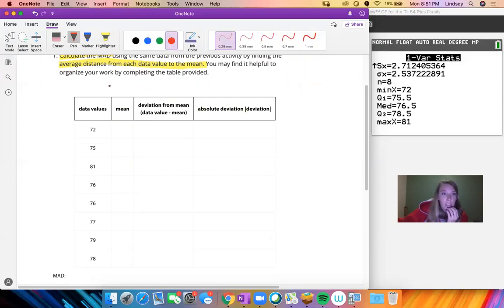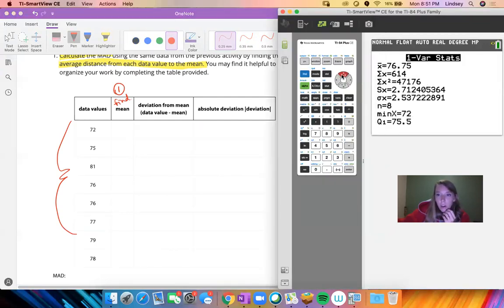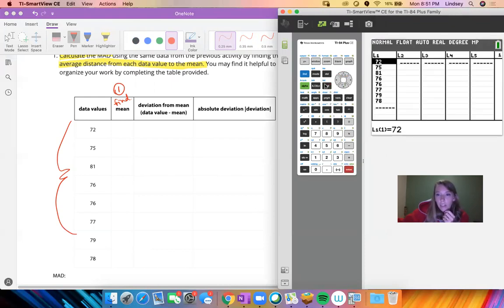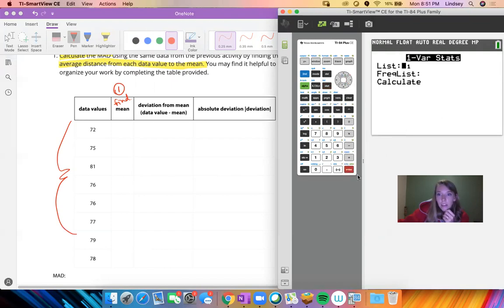So, step number 1, you have to take the data here, that was 8 heartbeats, and we have to find the mean. Lucky for us, we already typed in all of the data into our calculator. Go to Stat, Calculate. We already had it up.